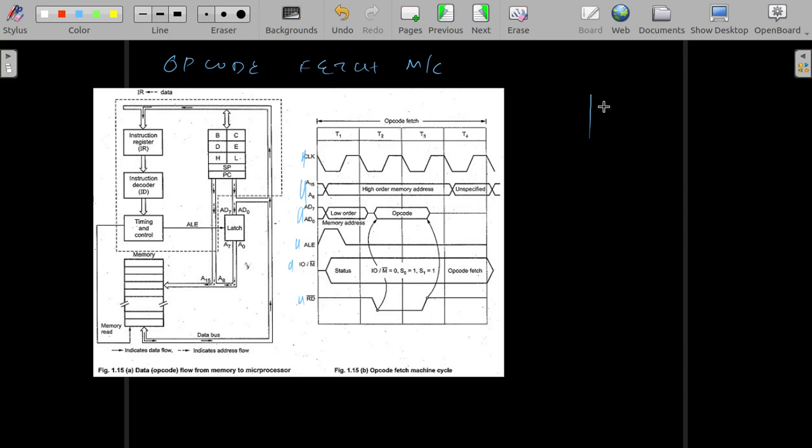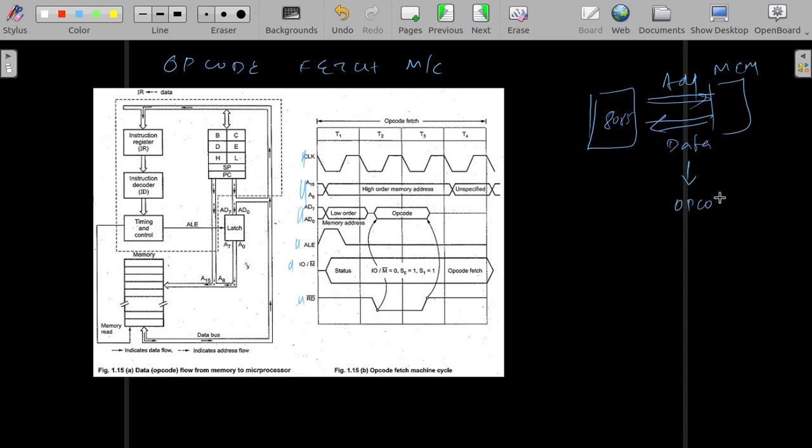We have our 8085 processor here and our memory here, and the processor gives the address and takes back the data. Here the data happens to be the opcode. This is how a memory read happens.